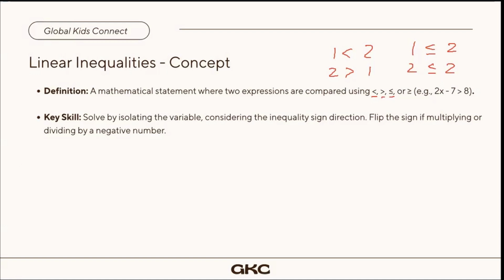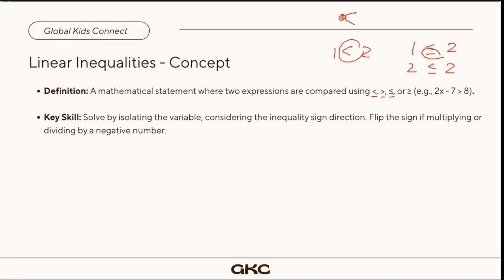An important thing to remember is the side that has a point represents the smaller side. And if it also has a bar below, it represents that it is also equal to.